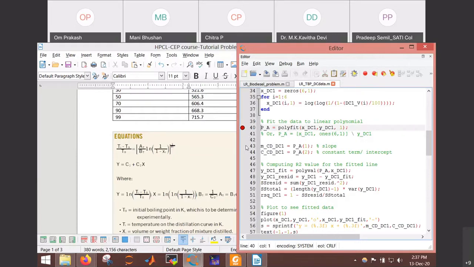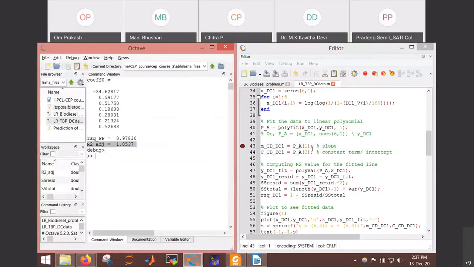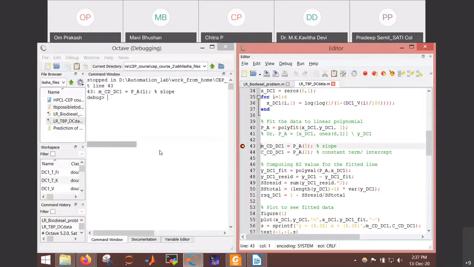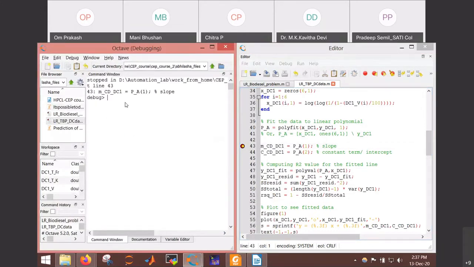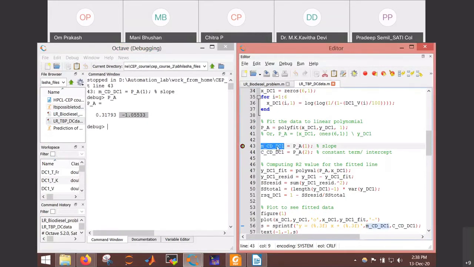We can just see what PA is. So PA1 is the slope, the C2 value, and this is the C1 value, the constant term.